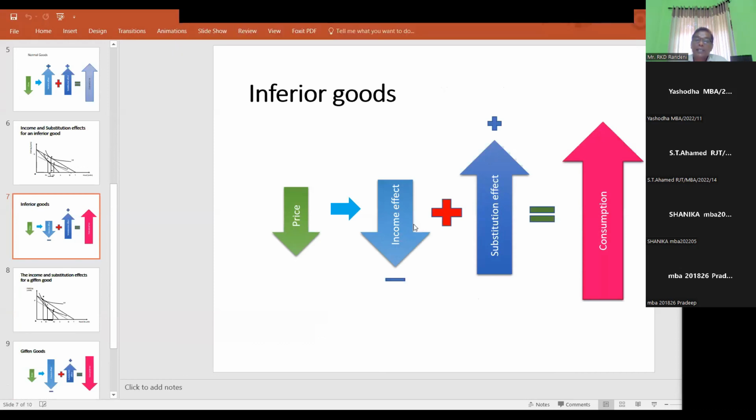This is minus, which compensates the income effect from the substitution effect, right? The final effect is also part of the substitution effect. Here the substitution effect is more powerful. That is plus, this is minus. Then the income effect compensates the substitution effect, so the final effect is equal to part of the substitution effect.